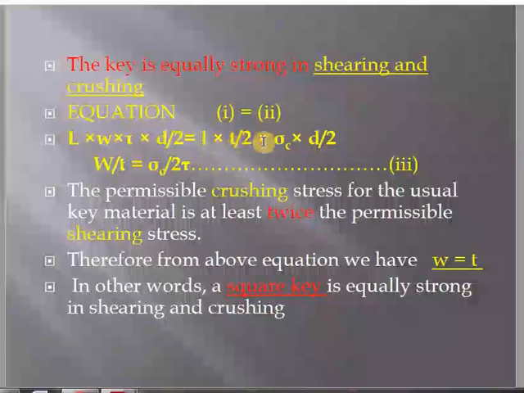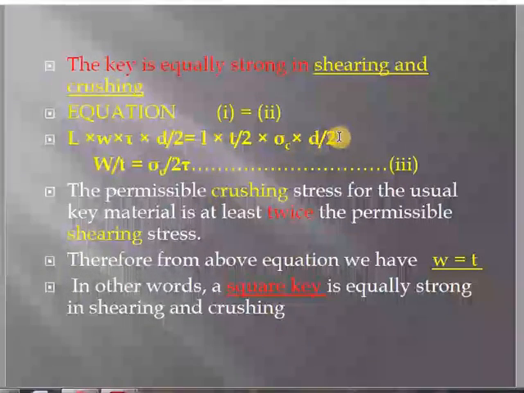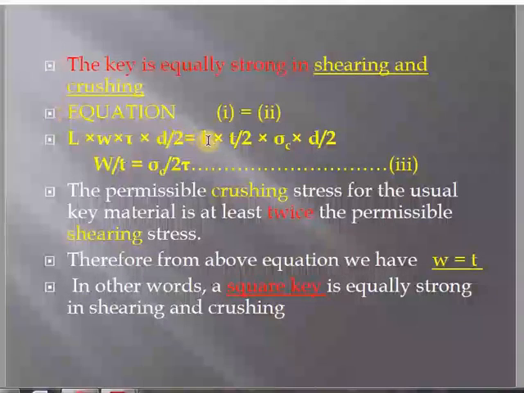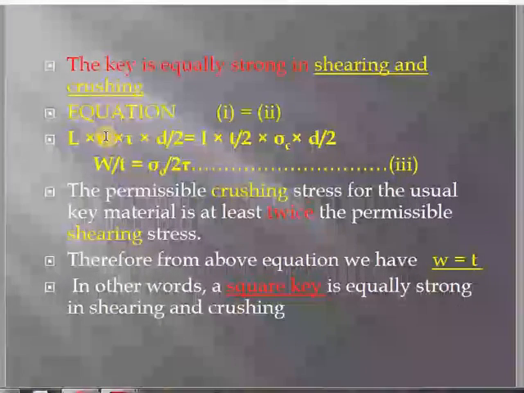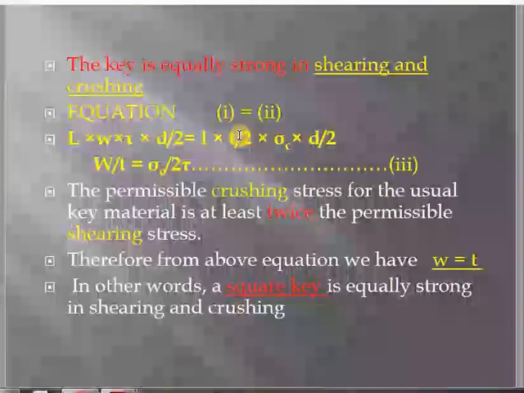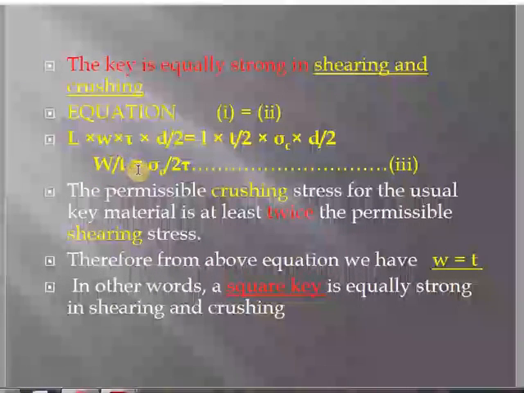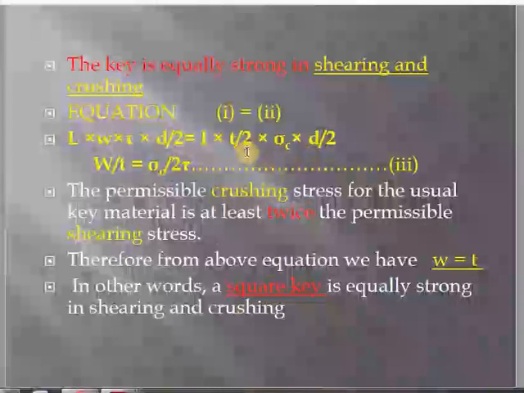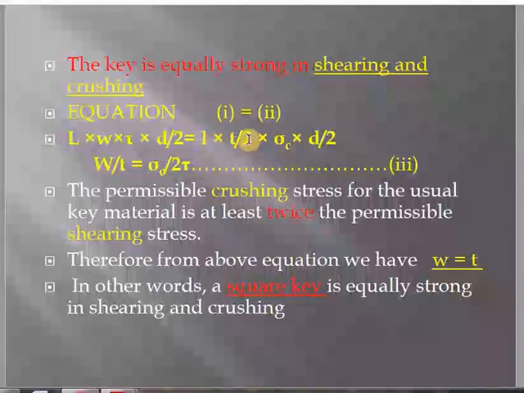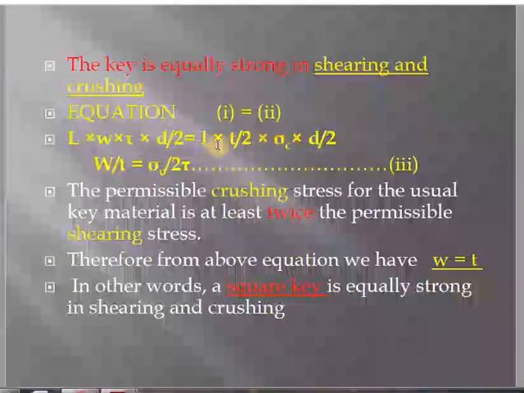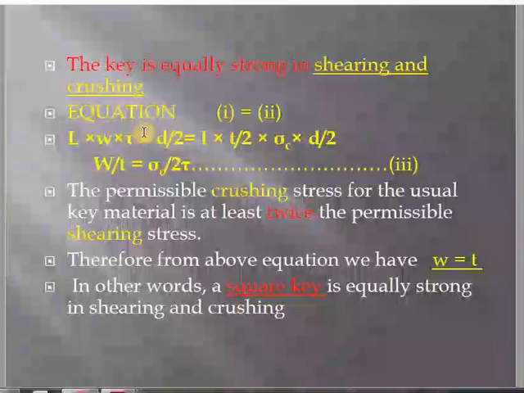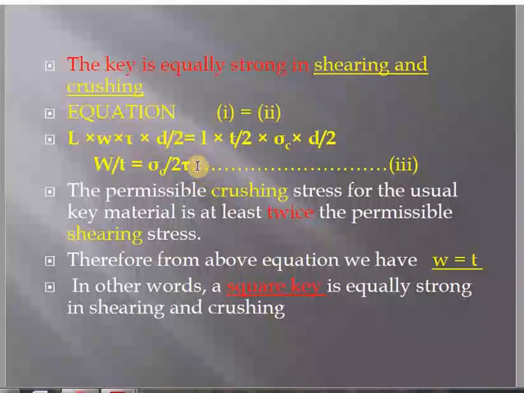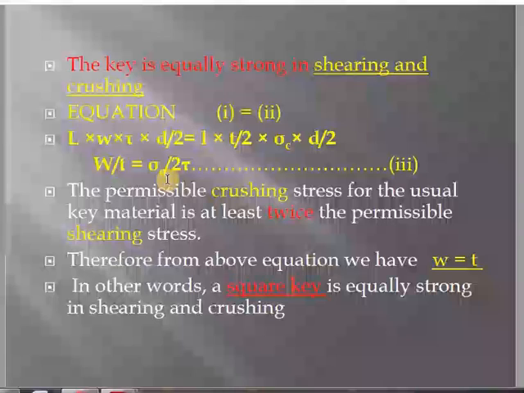After equating these two equations and resolving, D by 2 will be cancelled and length will be cancelled. So we get W, and we'll bring this T to this side, so it is W by T, which is equal to 1 by 2 into sigma C, and we'll bring the tau to this side, so it will go to the denominator.